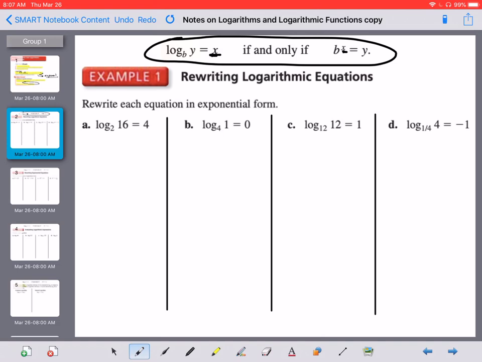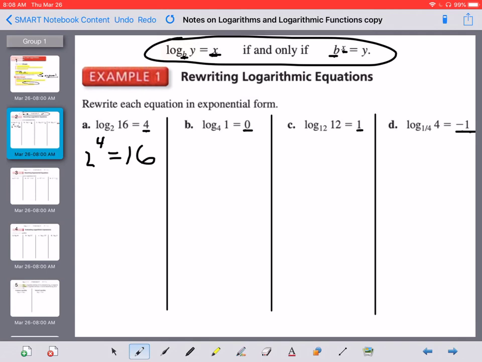When we rewrite all 4 of these, that's going to be an exponent each time. The b up here is going to be the base, and the y is what it's equal to. So 2 to the 4th equals 16. That's how you would rewrite that.